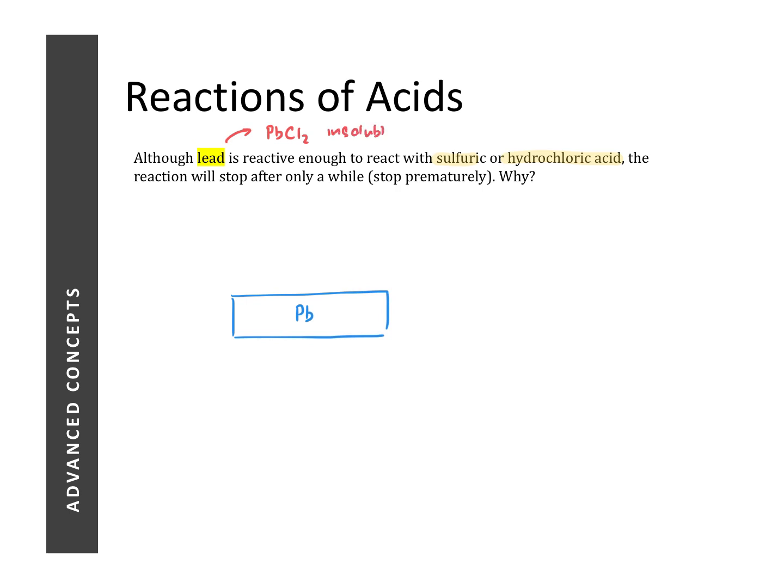So this is the case where your product is insoluble, and what happens is that you will form a layer over your lead. Once this layer forms, it will prevent any further reaction between lead and your hydrochloric acid. Therefore, the reaction stops even before lead is fully reacted.